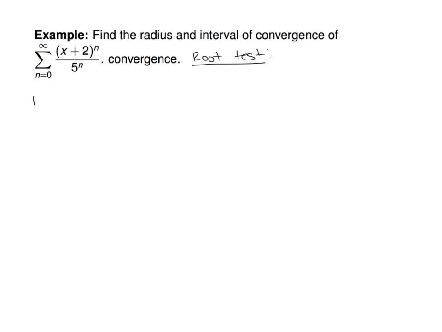Okay, limit as n goes to infinity, nth root, absolute value of a_n, and our a_n is (x plus 2) to the n over 5 to the n.